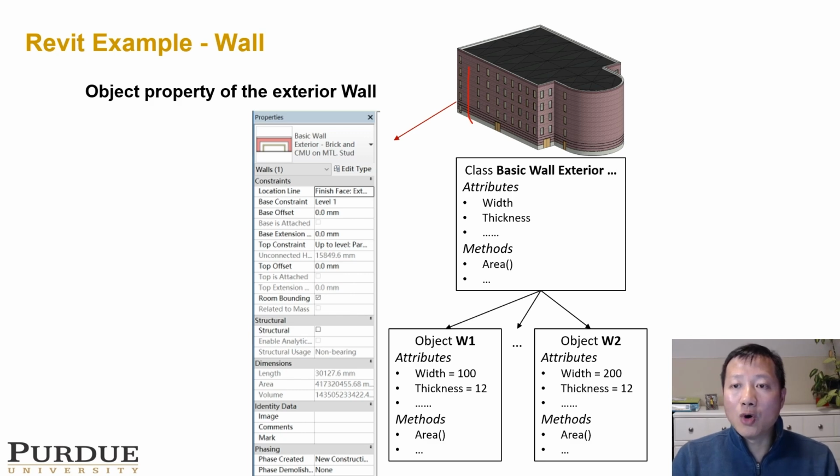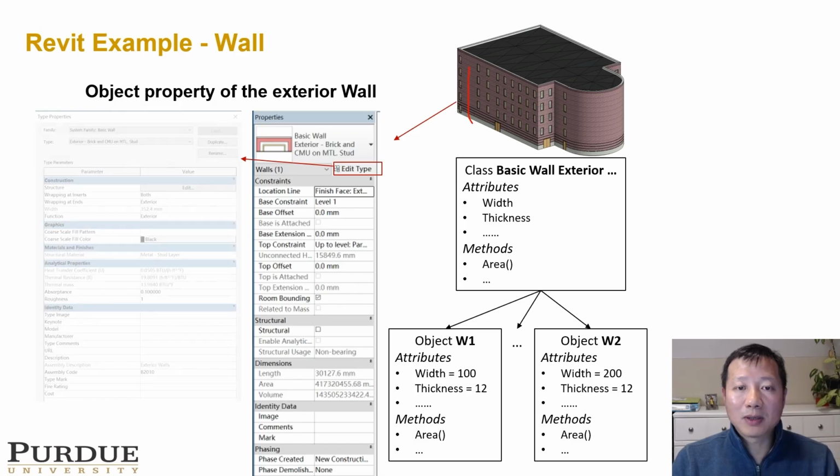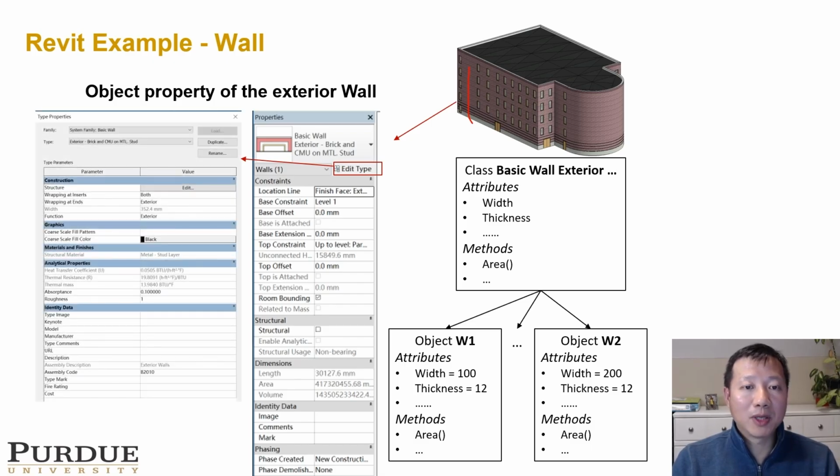You can also open the property window and look at the properties of the exterior wall. This lists all the attributes that belong to the exterior wall, to the object that you just selected, as well as the values. With this, you can also click this Edit Type button and it brings up another property window.